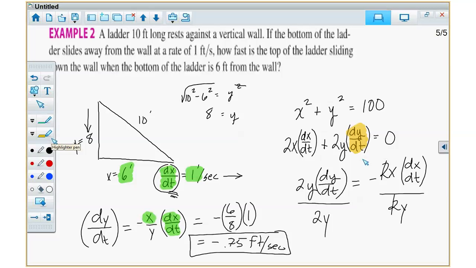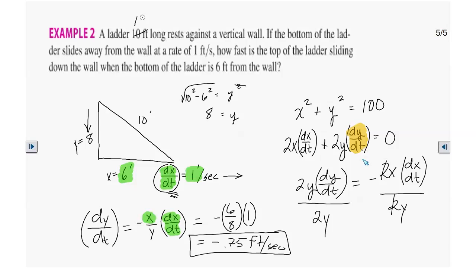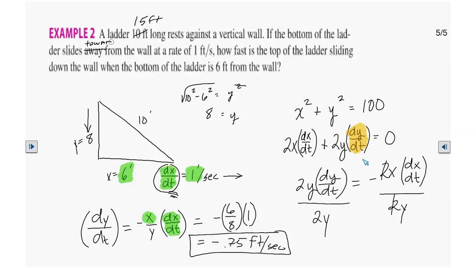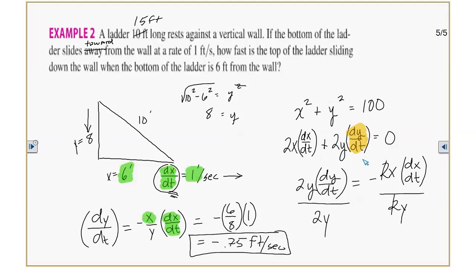A ladder is 15 feet long, rests against the vertical wall, and slides toward the wall at a rate of 3 feet per second.